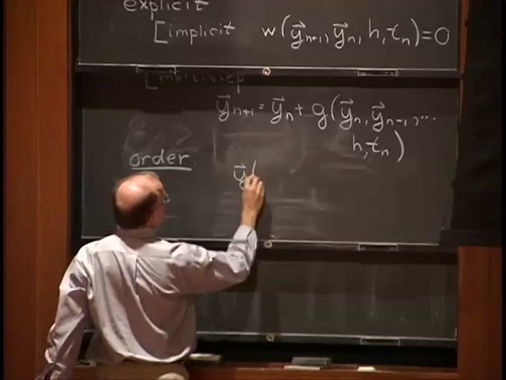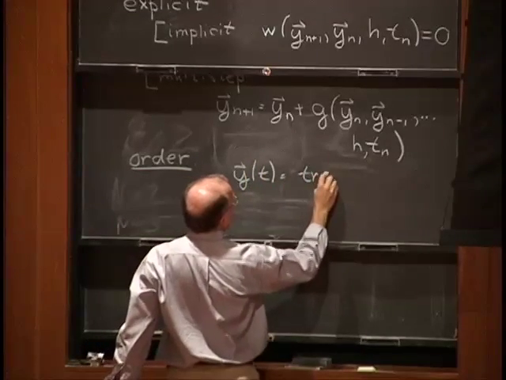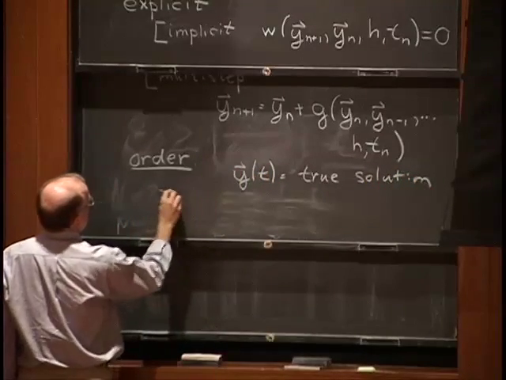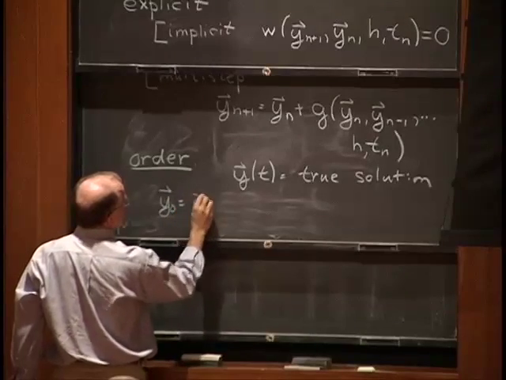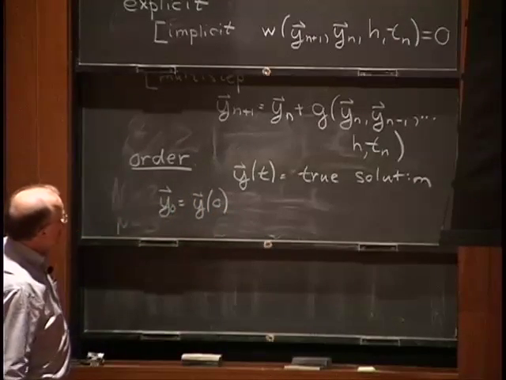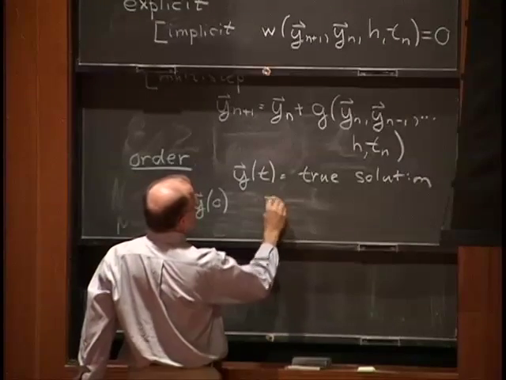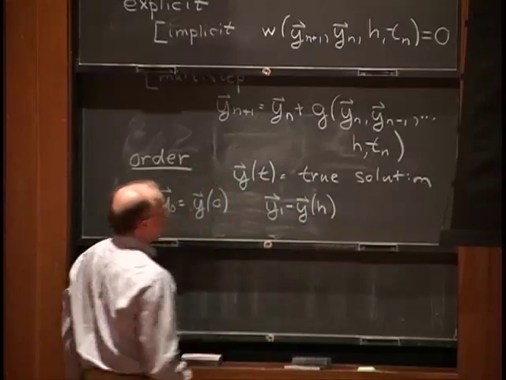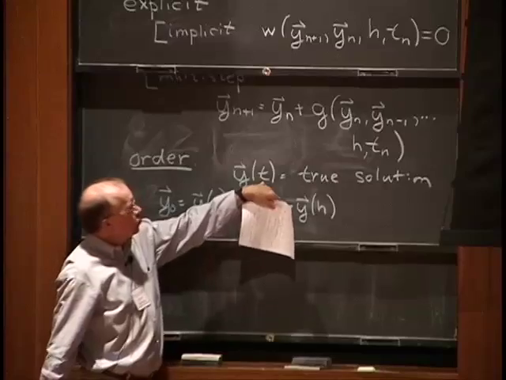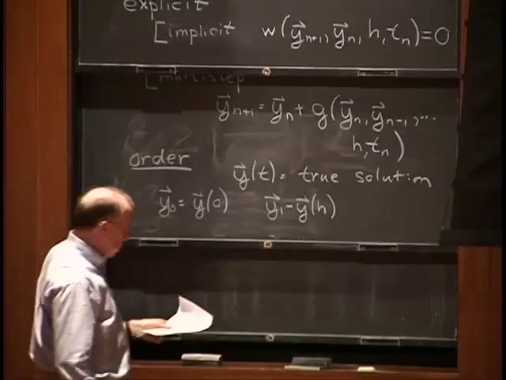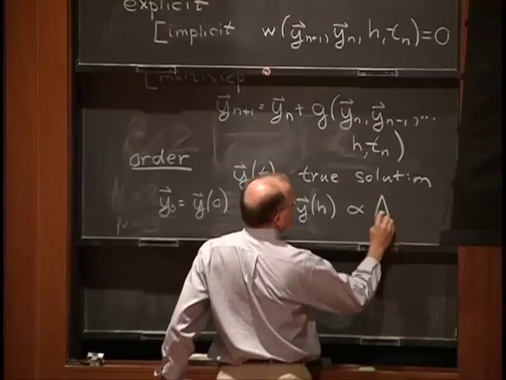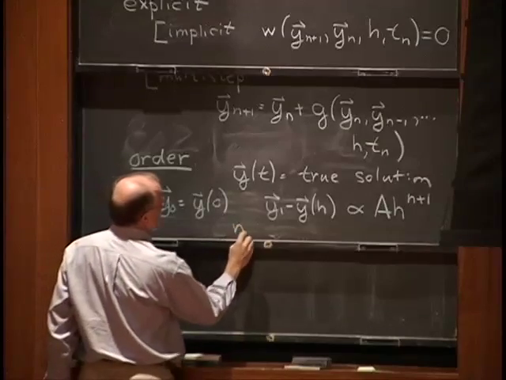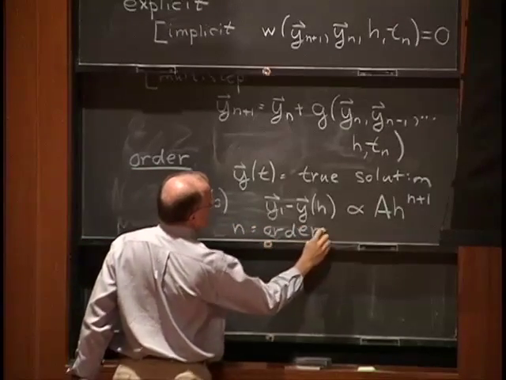It says that if the true solution is y of t, and if y naught is equal to the true solution at 0, then the difference between y1 and y of h, that is the difference between the exact solution after one time step and the solution from your numerical method, is going to be proportional to some constant A times h to the n plus 1. And then n is the order.